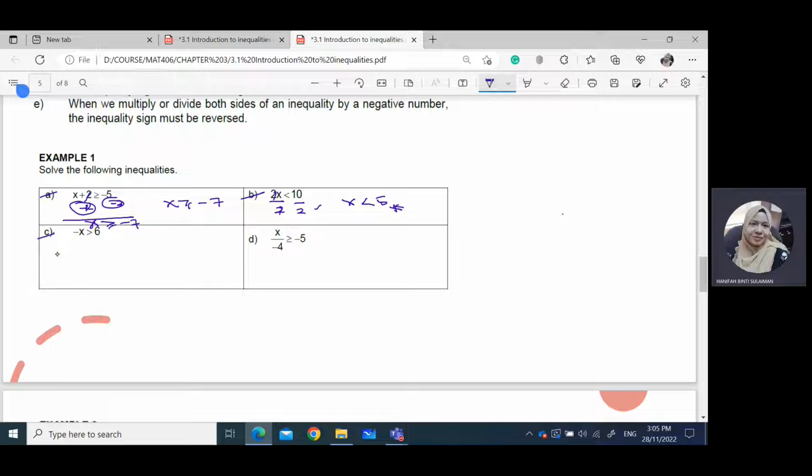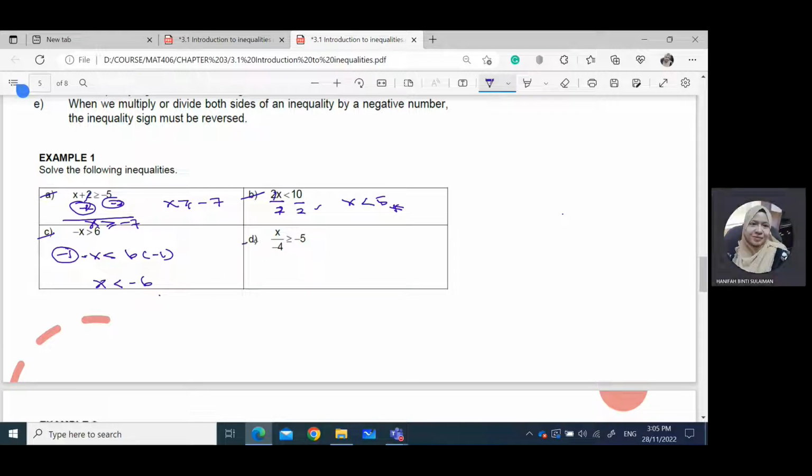Okay, since we multiply with negative 1, so the inequality sign will be changed, which is from greater than, and here we have less than. So less than 6 times negative 1. So the answer here is x less than negative 6. Okay, so this is the answer.